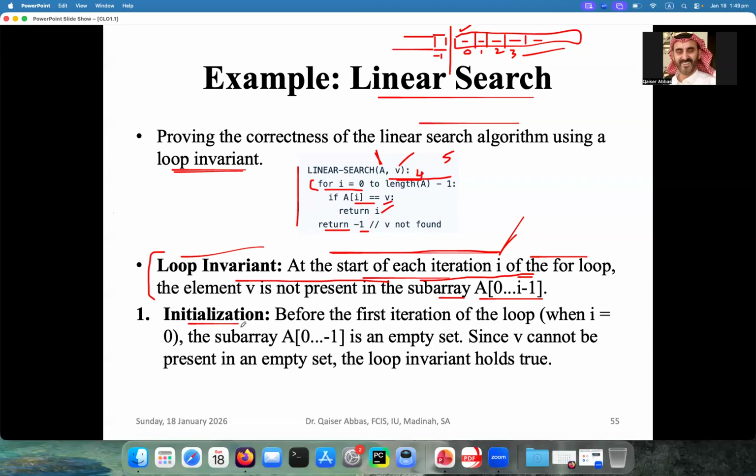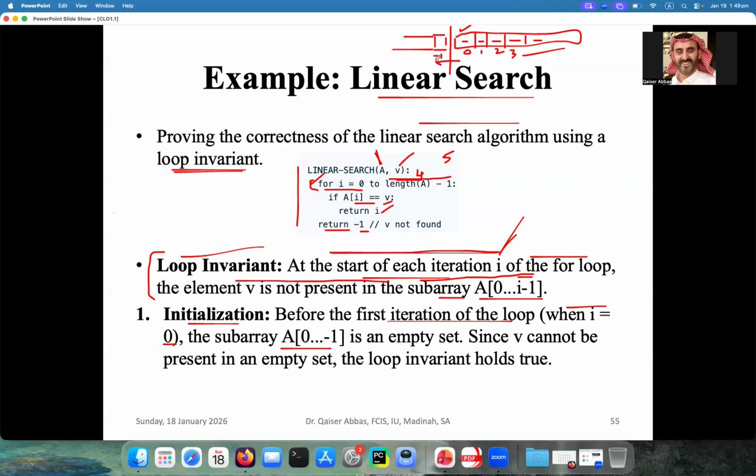For initialization, when your loop is starting, your i is equal to 0. In the first iteration of the loop, i is equal to 0, and what is the subarray? The subarray can be 0 to minus 1, your index 0 to minus 1.